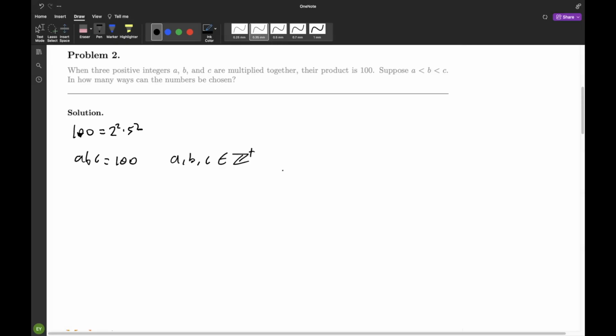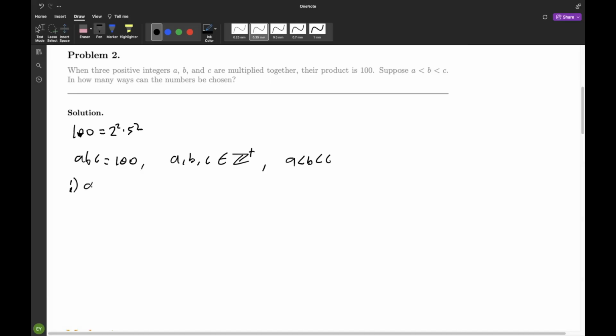And we know that a is less than b is less than c. So these are the information that we got from the problem, and there is no other information that the problem can give us. So, we can actually separate our cases.